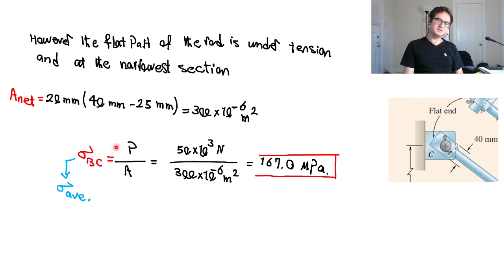Sigma BC is P over area, but the area this time is the net area, and it gives you 167 megapascal, again in tension. Be careful, that's average stress.